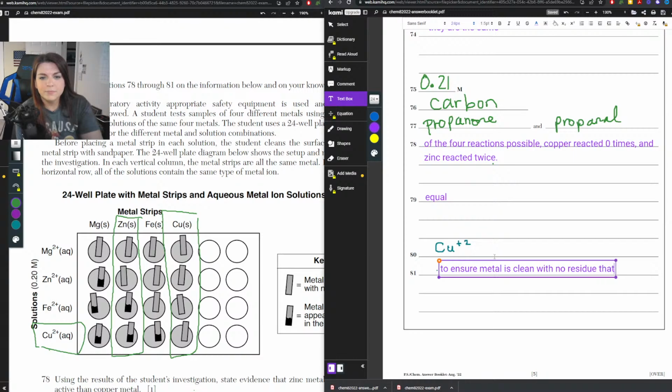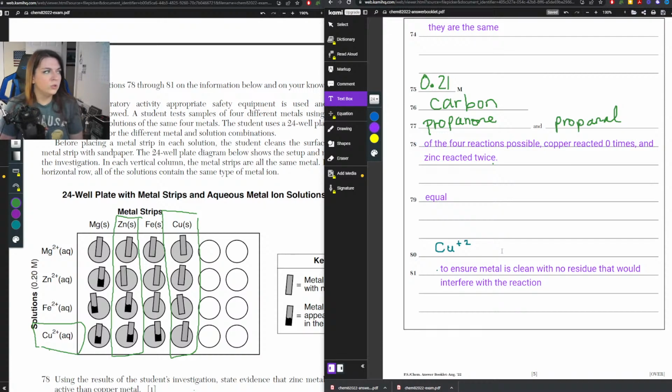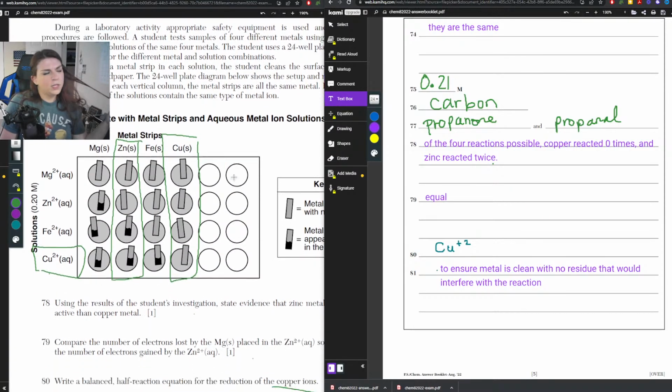Residue that would interfere with the reaction. I think that's an answer that a standard high school chemistry student would come up with. That's not oxidation. Because you guys are in your first year of chemistry. You don't necessarily know that half of these things oxidize just from sitting in the air. I think that one's not a cool question.